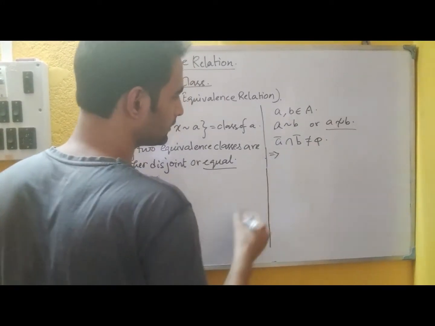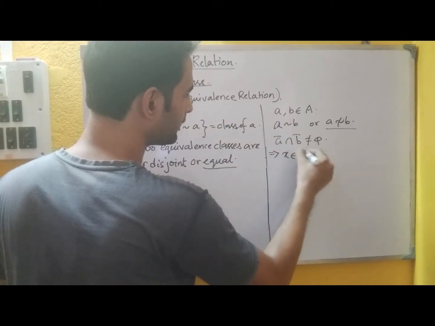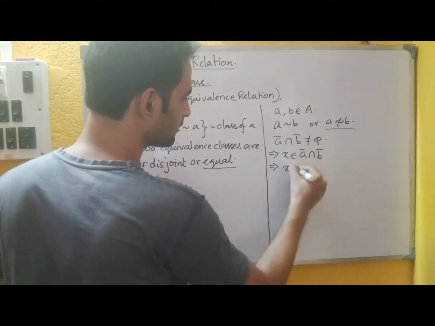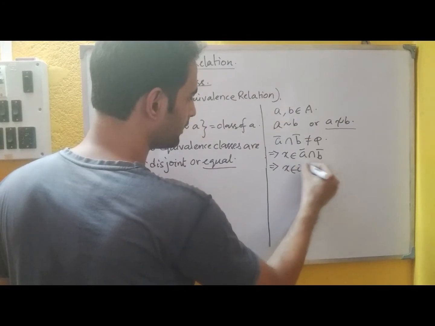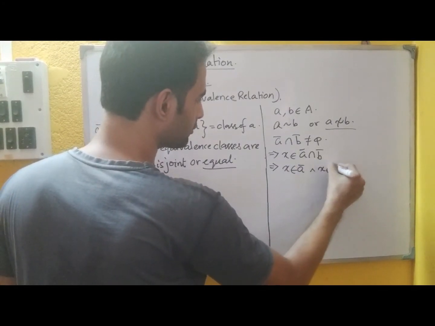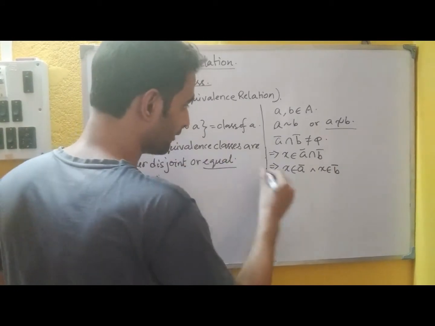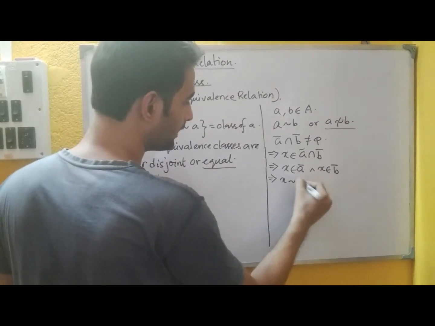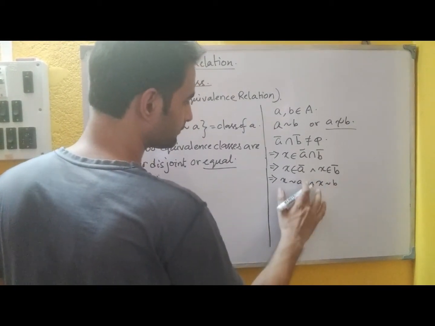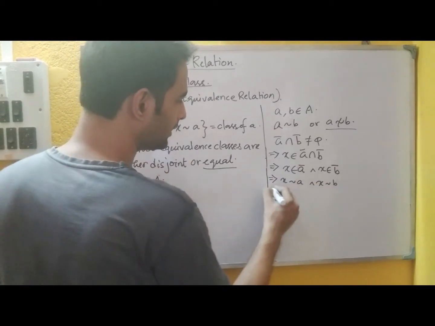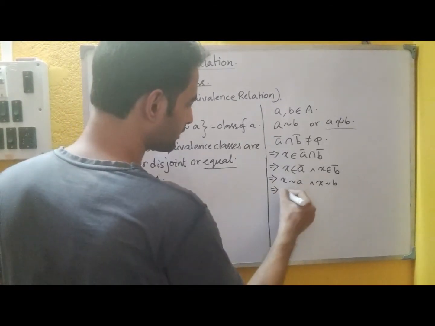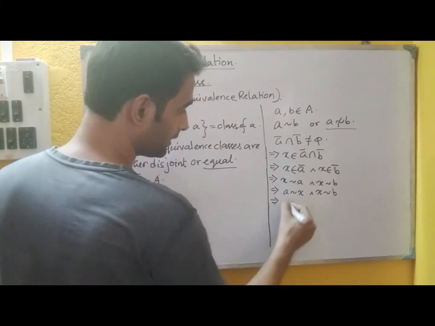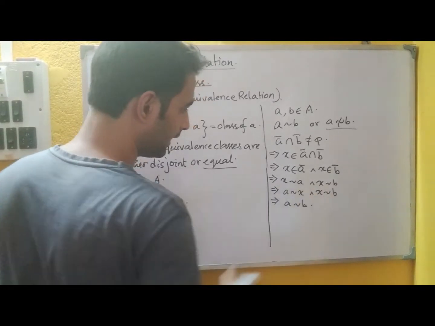So since it is non-empty, there should be an element in the intersection. So x belongs to class A intersection class B. That means x belongs to A and x belongs to B. And from that, by the definition of class, we can say x tilde A and x tilde B. Now by the symmetry of the relation tilde, we can say A tilde x and x tilde B. From this, by transitivity, A tilde B.